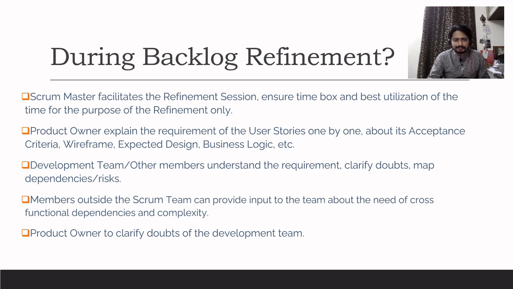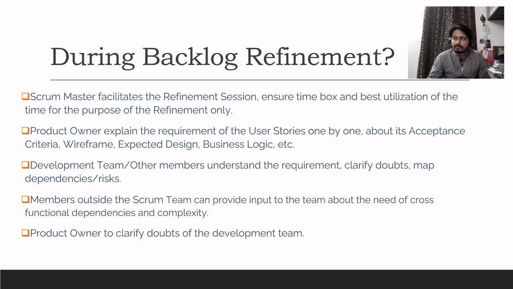And once the product owner explains a user story to the whole team, at that point in time, the team, or if there are some other members from outside the team attending that meeting, they can discuss that user story. And if they have any doubts, they will seek clarification from the product owner, right?